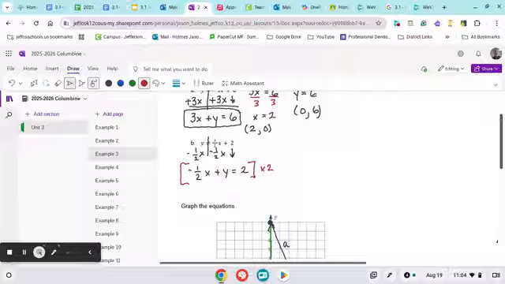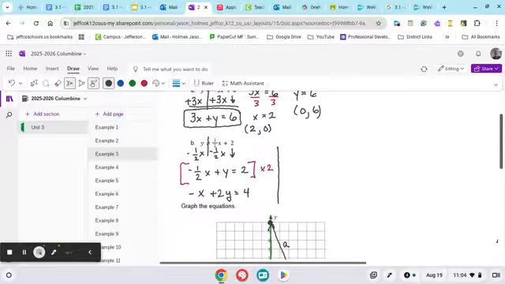Negative 1/2 times 2, well, the whole point was to get rid of that fraction and end up with just negative 1x. That 1 is going to be invisible, so we'll just have negative x. And then I'm going to multiply 2 times y, and so we'll have plus 2y. And then equals 2 times 2, which is 4.